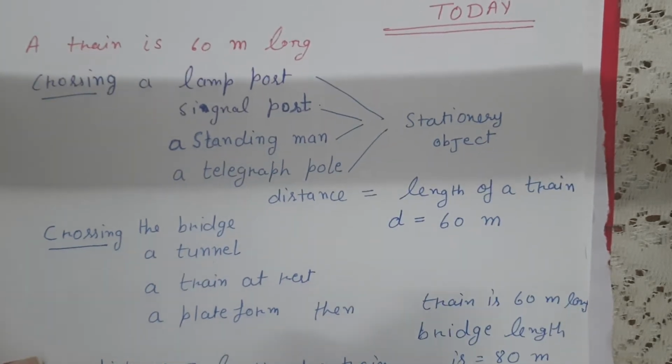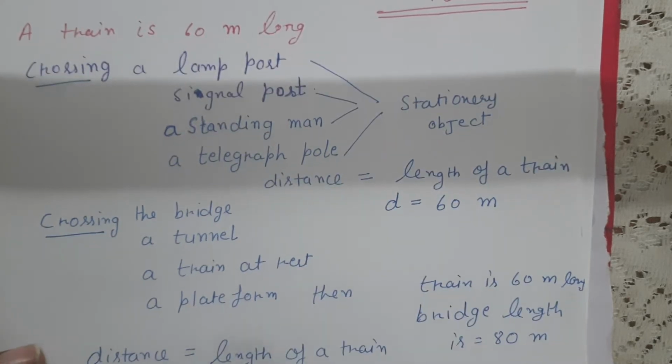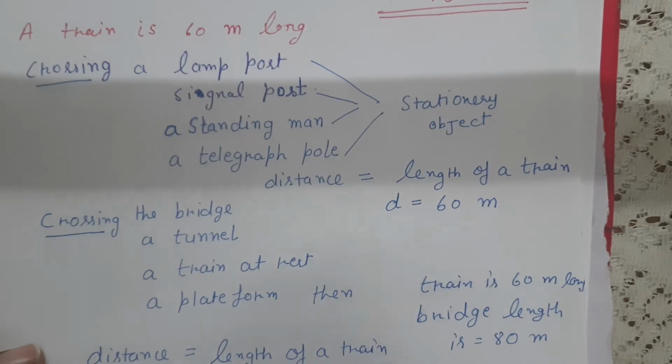It means length of the train 60 meter plus length of the bridge 80 meter. Then distance d is equal to 140 meter.